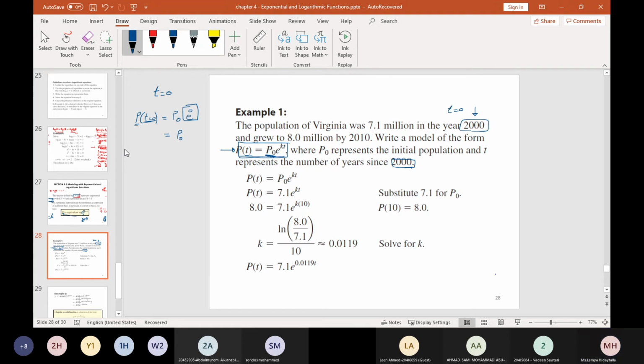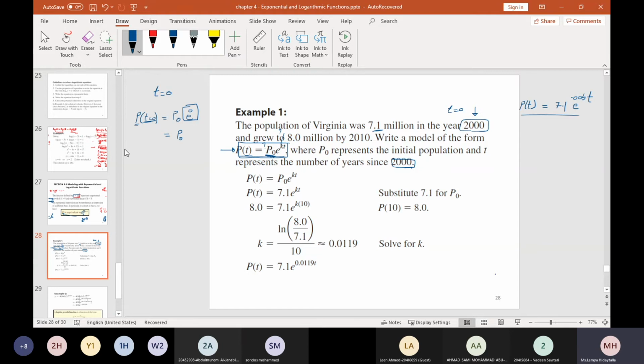Now in this function there are two unknowns. You have to find the P naught and you have to find the k. If you find both of them, then you have the function P of t. Okay, let's assume, for example, the initial population is 7.1 million, times e to some number k times t, let's say 0.5t for instance.